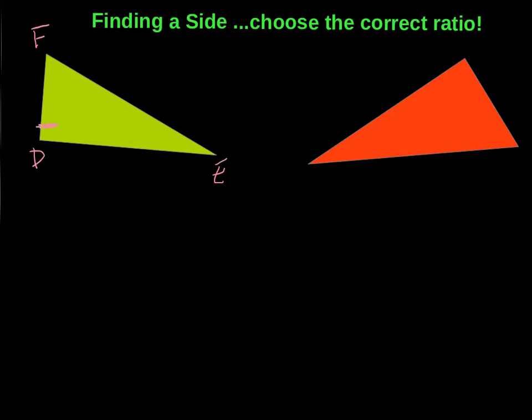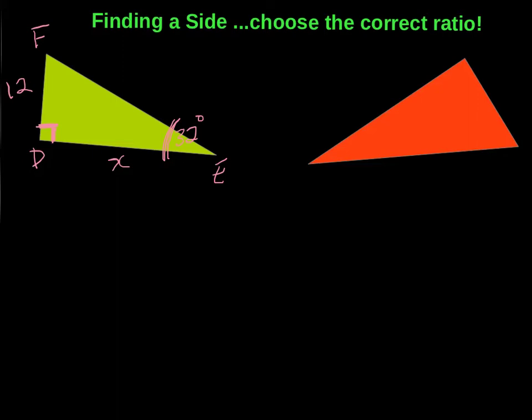I'll label this as our right angle right here, and I'll give you that this side here is 12 and this angle right here is 32 degrees. Now we need to find one of the sides. The side that I want you to find is this side right here, so I'm going to label it as X. So we need to decide which trig ratio to use.